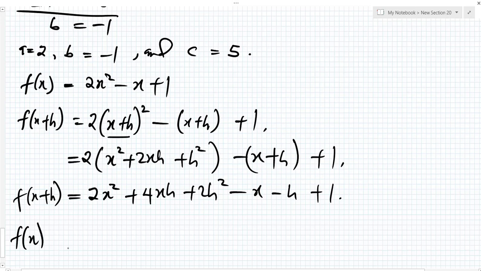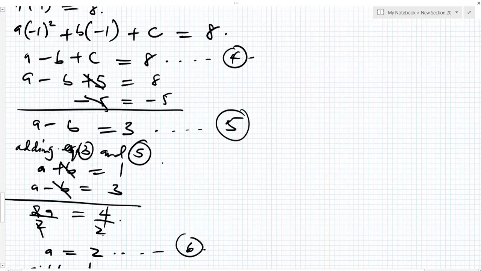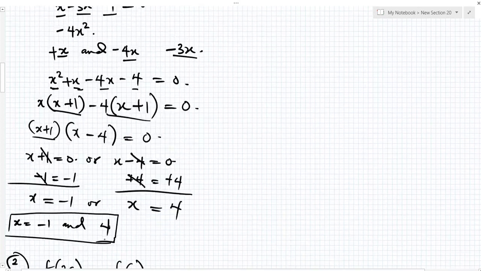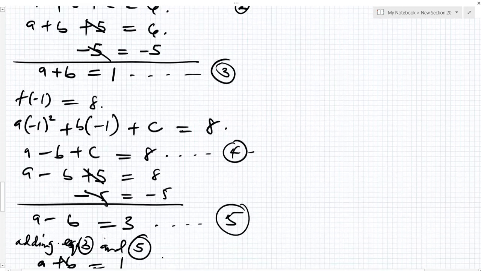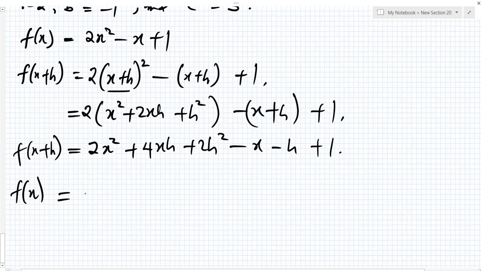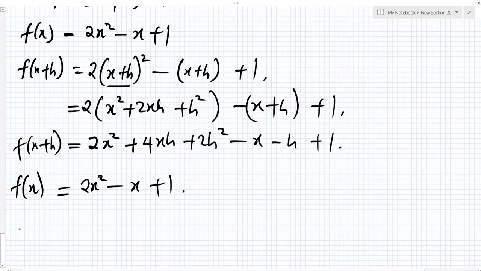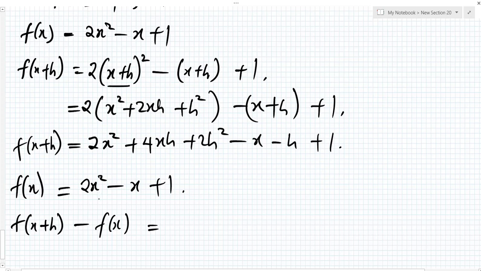So f of x will just be the same thing as the given value, which is 2x squared minus x plus 1. So the difference between f of x plus h minus f of x is this one, this minus this.